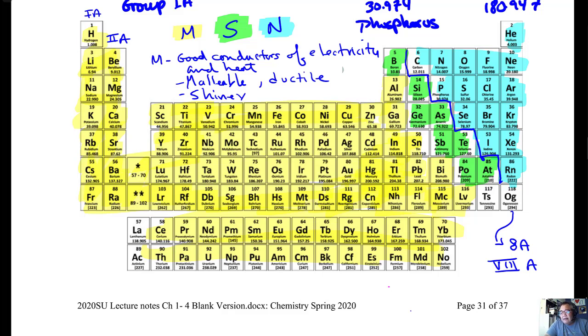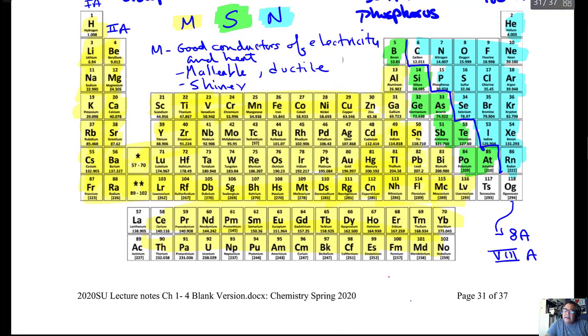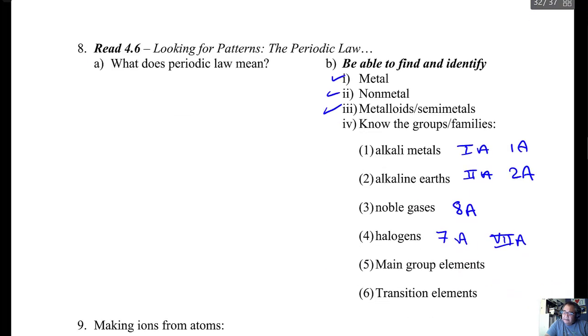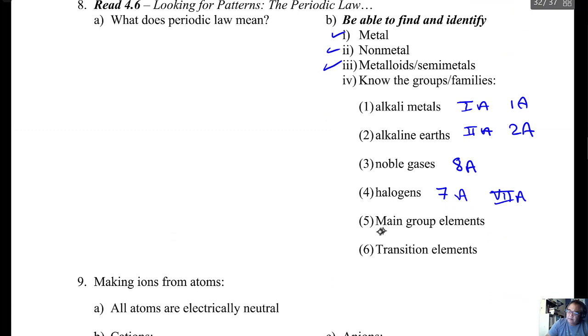Anyways, let's see what else is there. Oh, yeah, so there's the main group elements. And those are groups, so get this, 1A through 8A. I'm going to use orange for that, I guess.